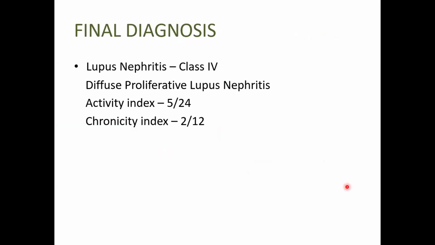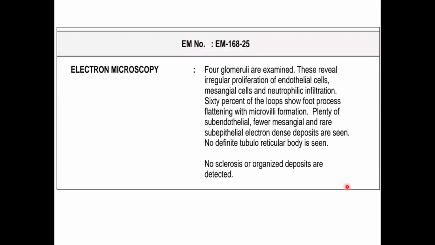We gave the final diagnosis as lupus nephritis class 4, diffuse proliferative lupus nephritis, with an activity index of 5 and chronicity index of 2. We also sent it for electron microscopy, and here there were plenty of subendothelial and few mesangial and rare subepithelial electron dense deposits.